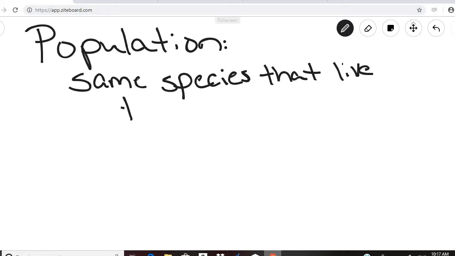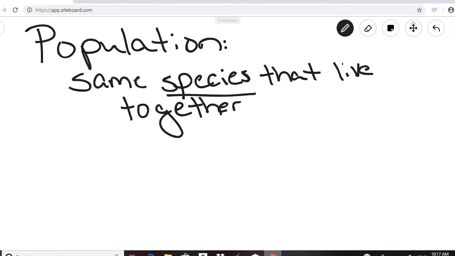So if we say the population of Brownsburg, Indiana, we would only talk about the population of dogs or the population of deer or the population of people, but we wouldn't talk about them all together. So population is only the same species together.